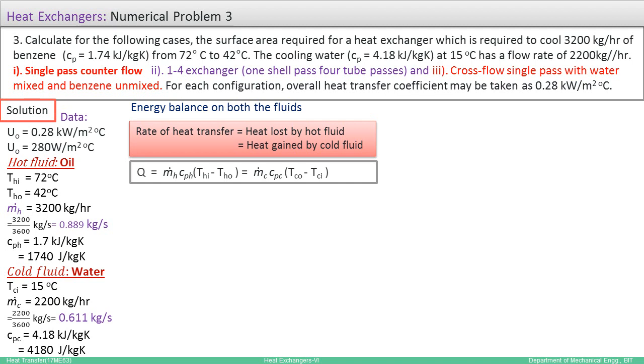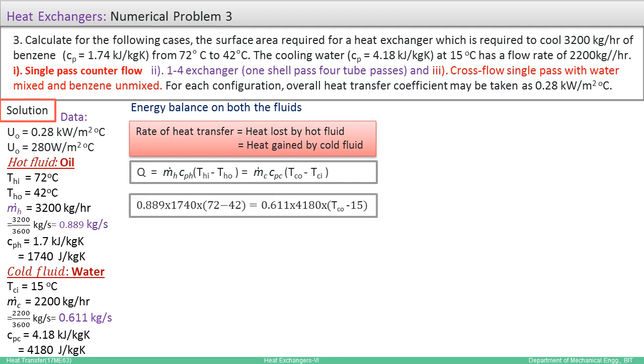And in this case, there are two things which can be done here. One is to find out the value of Q, and also we can find out Tco, which is not given in the problem. You can just check, Thi, Tho and Tci are given, Tco is not given, so in this case we can find out Tco also.